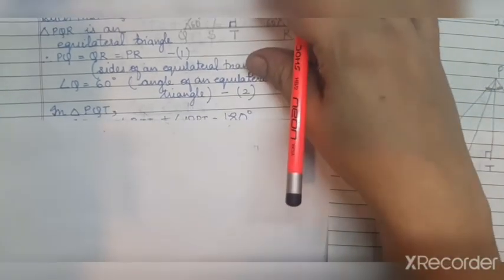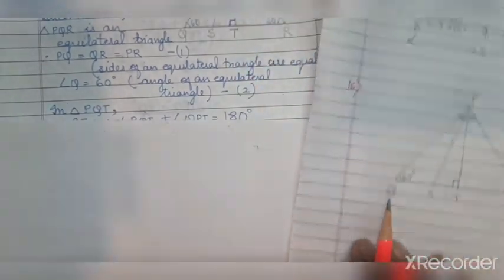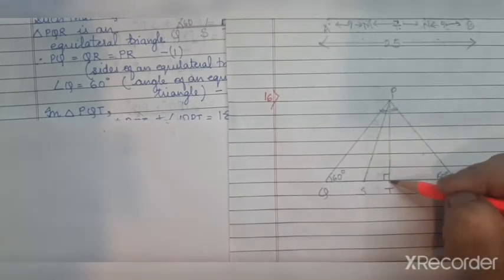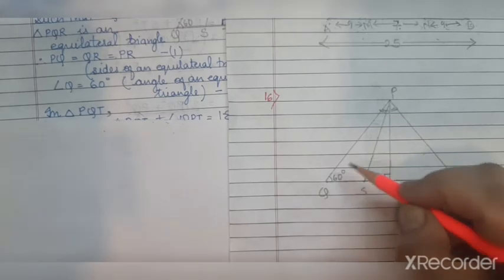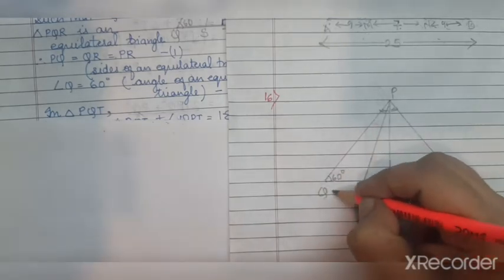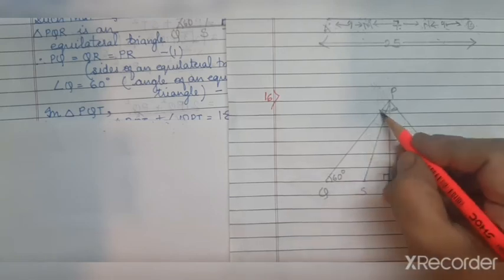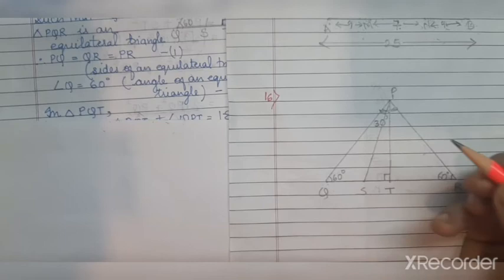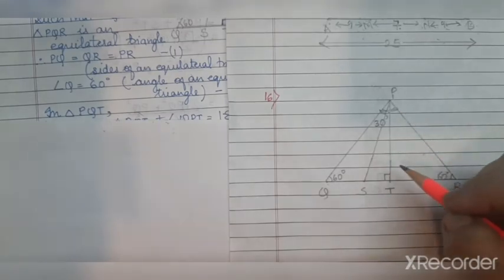After that, if you see here, triangle PQT. In this triangle PQT, angle PTQ is 90 degrees by construction, and angle PQT is 60 degrees, since it is an equilateral triangle. Therefore, angle QPT becomes 30 degrees, the remaining angle of the triangle.